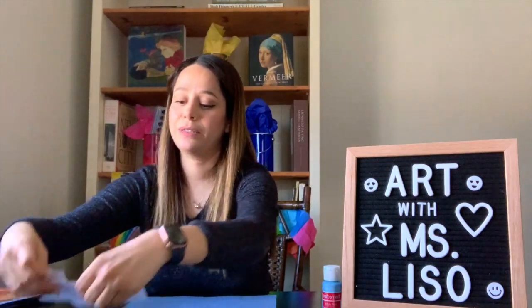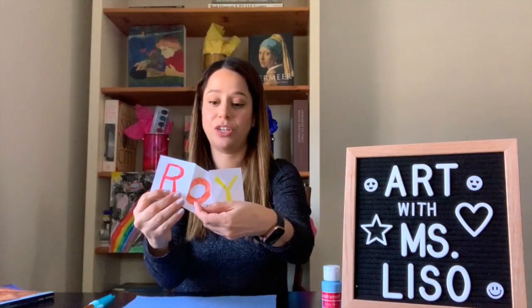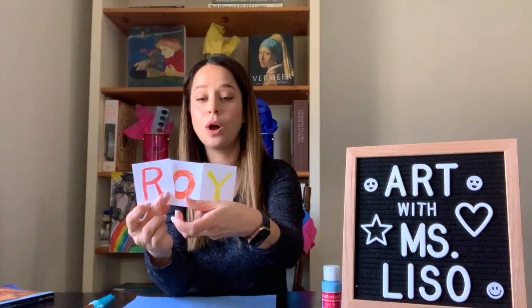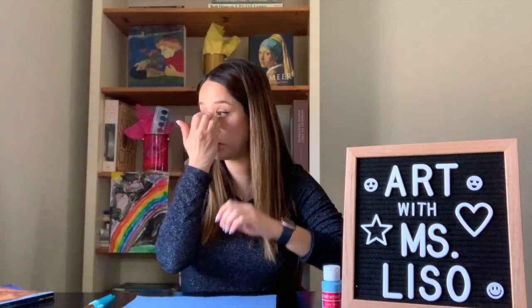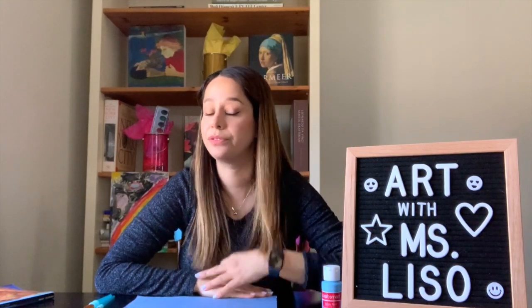So, why do you guys think warm colors such as red, orange, and yellow would be called warm colors? What does it remind you of? What color does yellow or orange or red remind you of?